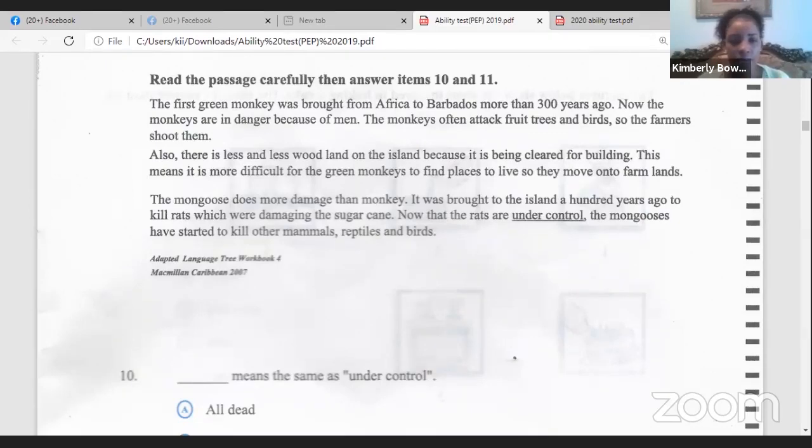This means it is more difficult for the green monkeys to find places to live, so they move onto farmlands. The mongoose does more damage than monkey. It was brought to the island 100 years ago to kill rats, which were damaging the sugar canes. Now the rats are under control. The mongooses have started to kill other animals, reptiles, and birds.